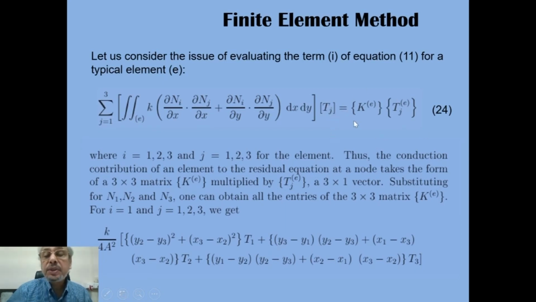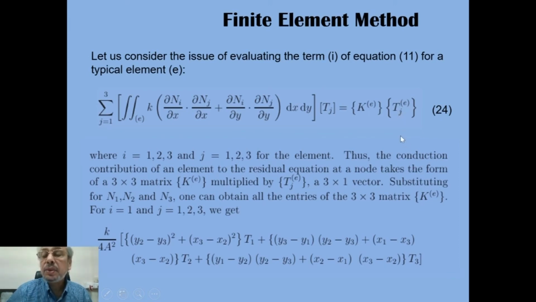So this finally becomes some array which is basically the multiplication of a matrix. This is a 3 by 3 matrix and a column matrix, that means this will have T1, T2, T3 as a column, 3 rows but a single column.